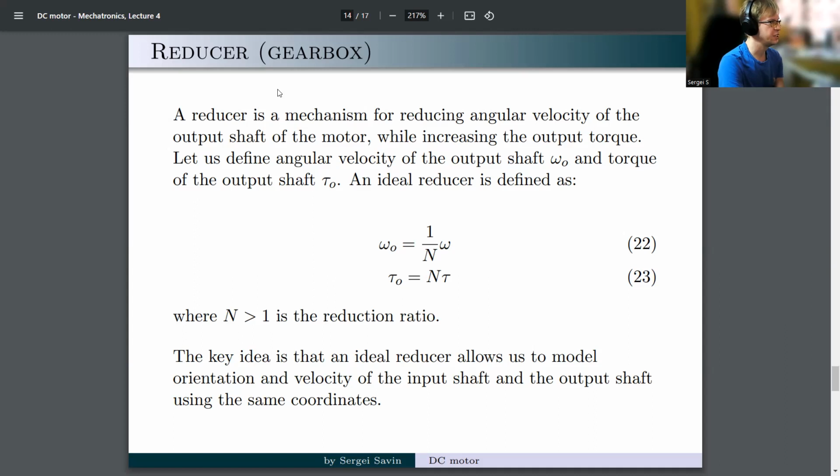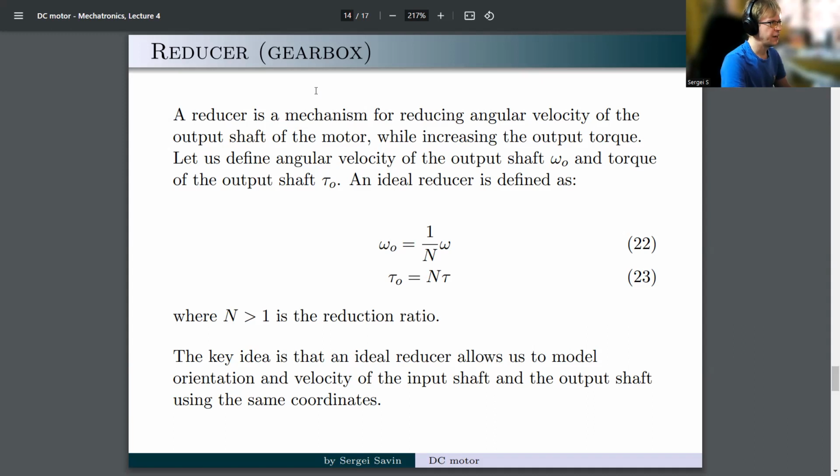Same as for a lot of other systems with fans, propellers, and so on, where comparatively low torque is fine, and the angular velocity is what we want to keep. Those systems don't ask for a reducer, but most others do. So a reducer reduces angular velocity and increases torque. This is achieved by using gear systems, but we will discuss this in detail later. For now, let us just think of it as a mechanism for reduction of angular velocity and increase of torque.